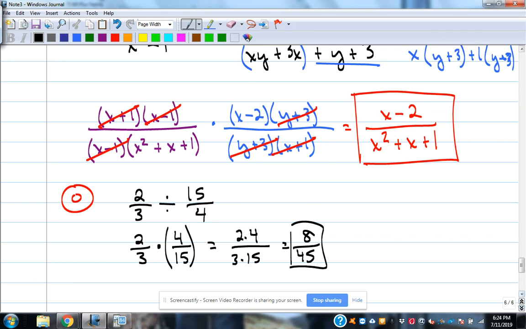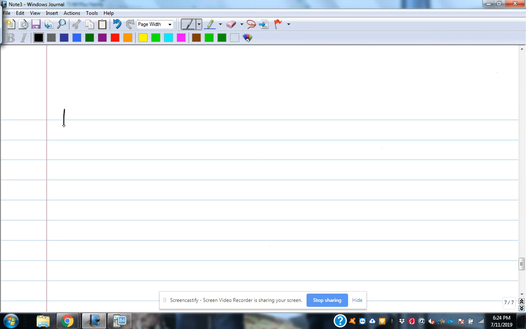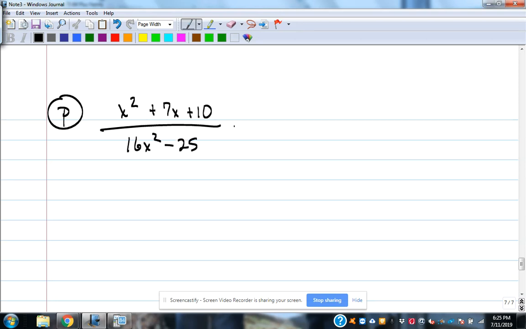So that means when we do a polynomial question, and we've got something like x squared plus 7x plus 10 over 16x squared minus 25 divided by maybe 4x plus 5 over, put the 4x plus 5 on the bottom.